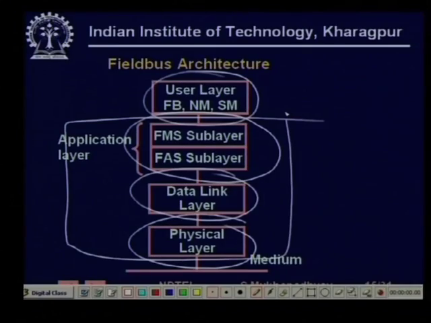So, it will just abstractly describe this in terms of function blocks, and then the network communication among these function blocks will be automatically realized by this part of the network, right.